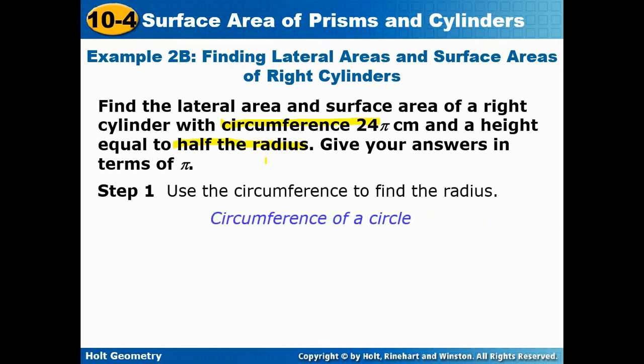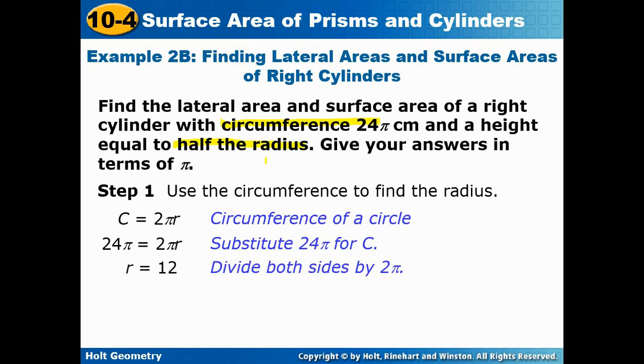Step number 1, we will write the circumference formula of the circle, C equal to 2 pi r. Then substitute the circumference, which is 24 pi, and the radius that we don't know, we will write it as it is here. Now divide both sides by 2 pi.